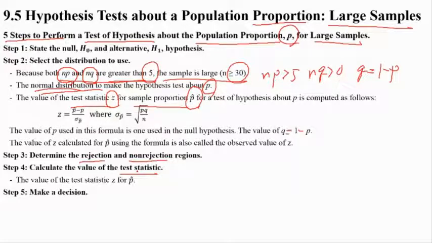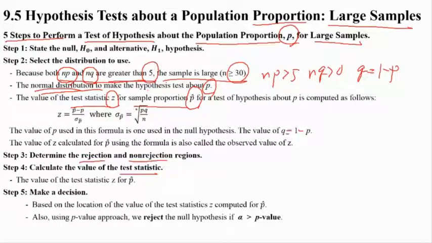Then make the decision based on the location, coming to the z value. So we have two ways: first, the test statistic using the z value calculation; second, make the decision using the p value. Those are the two different ways. It is the same steps as before, not a big difference, only using proportion.